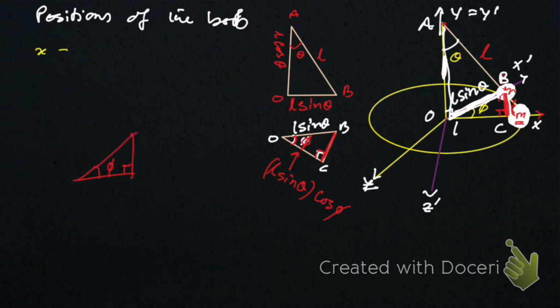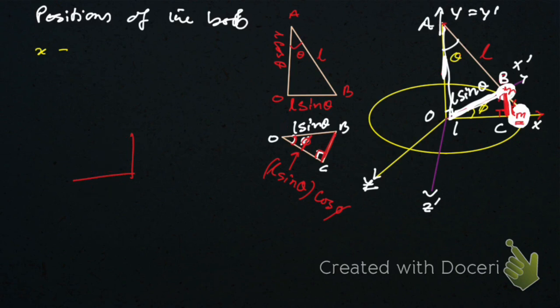If this is phi and this length is, suppose, h, then this is gonna be given by h cos phi. So here instead of h we have L sin theta, so h cos phi, as here h is L sin theta, right? So hope you have understood this.